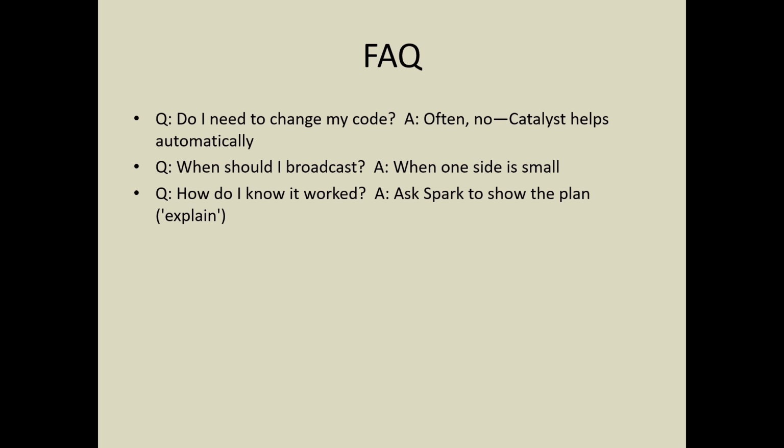That time you can do the broadcast. And how do I know it worked? Ask Spark to show the plan. I mean, you can provide explain, and it will explain how it worked.